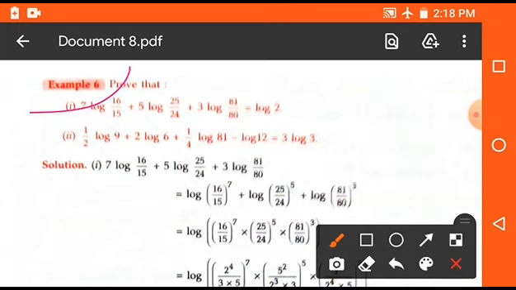The next example is 7 log 16 upon 15 plus 5 log 25 upon 24 plus 3 log 81 upon 80 is equal to log 2. So here we have to prove that this value will be equal to log 2.